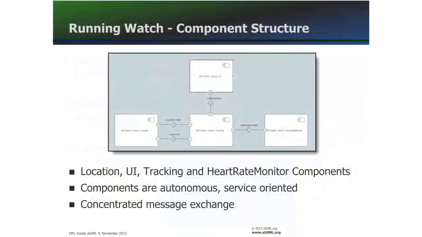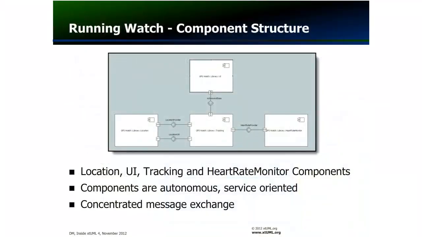At the conclusion of Episode 3, the analysis of the runner's watch led to the structural diagram shown here. The selected structure included a location component, a user interface component, a heart rate monitor, and a tracking component.